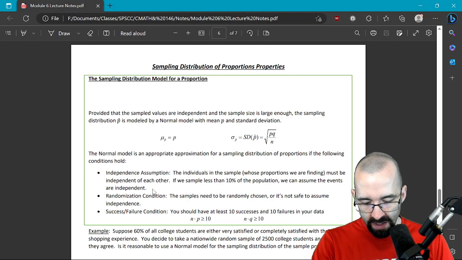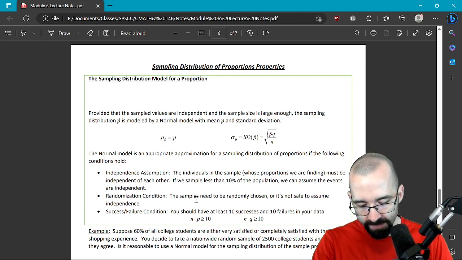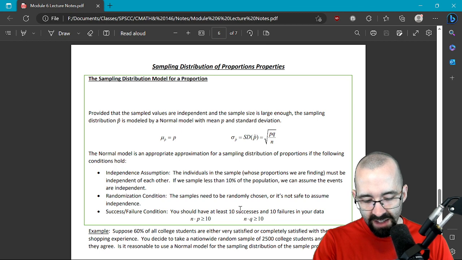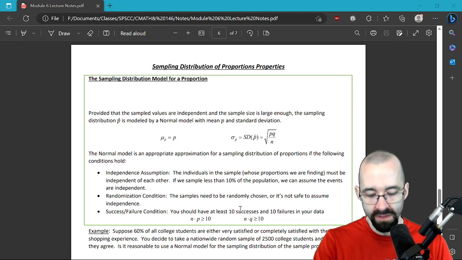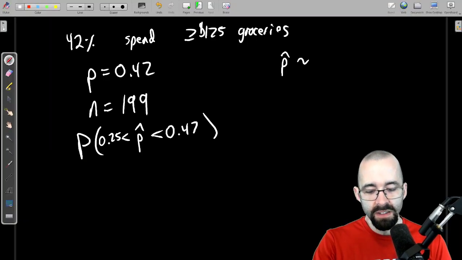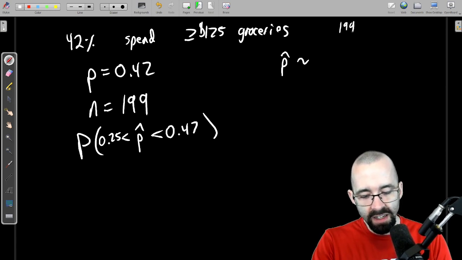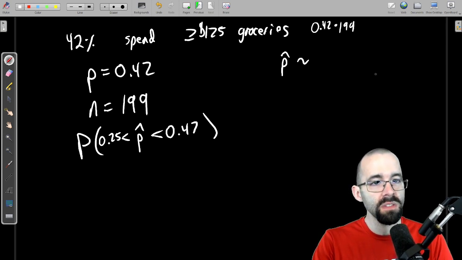Good. Do we have randomization? It's a simple random sample. Great. Success failure condition. You should have at least 10 successes and 10 failures in your data. Well, how many do we expect? We have a sample size of 199. We expect 42% of those to be successes. Yeah, that's going to be bigger than 10.